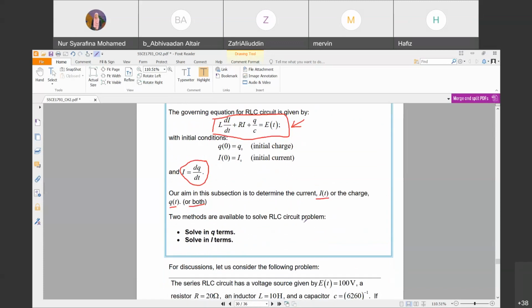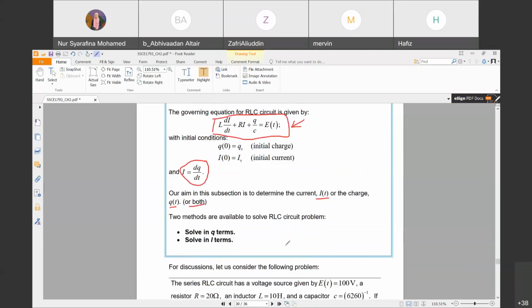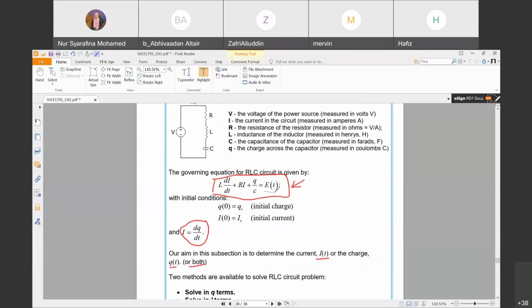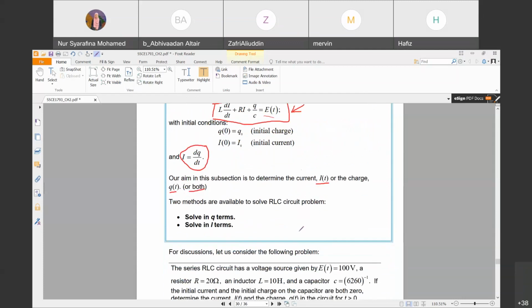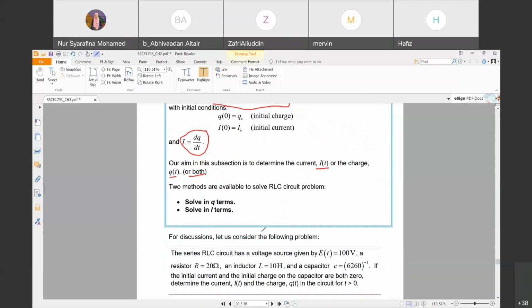Okay, let's understand the problem. For discussion, let us consider the following problem. The series RLC circuit has a voltage source E(t) equals 100 V. So E(t) is given. A resistor R of 20 ohms, which is the constant coefficient of I here, and an inductor L equals 10 H. Where is L?